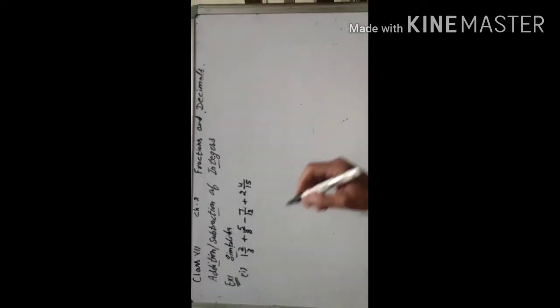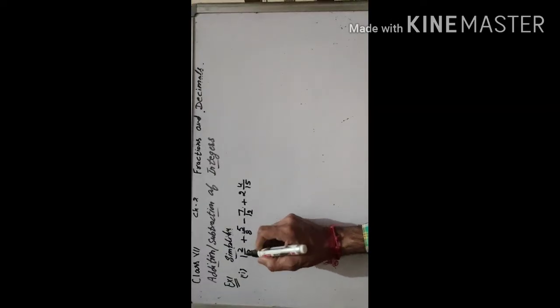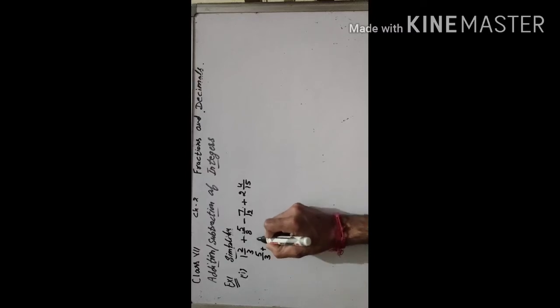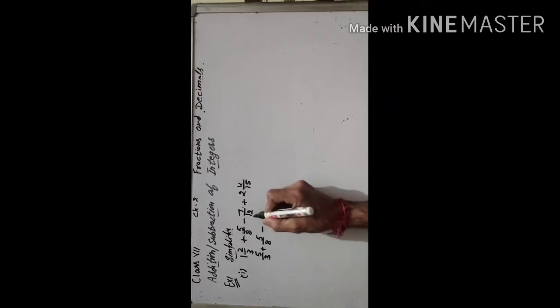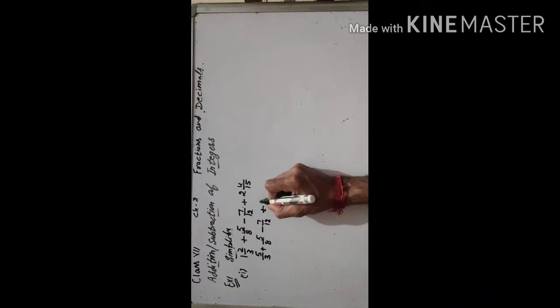First of all, we have to convert them into improper fractions. 3 1s are 3 plus 2, that is 5/3. Plus 5/8, which is already a proper fraction, minus 7/12, plus 30 plus 4 is 34/15.